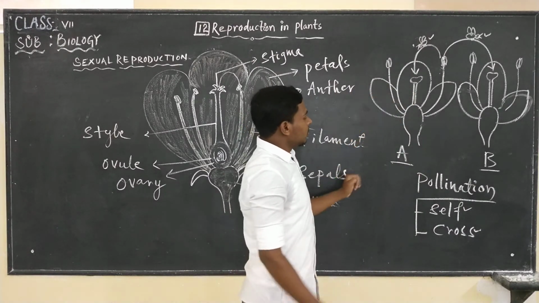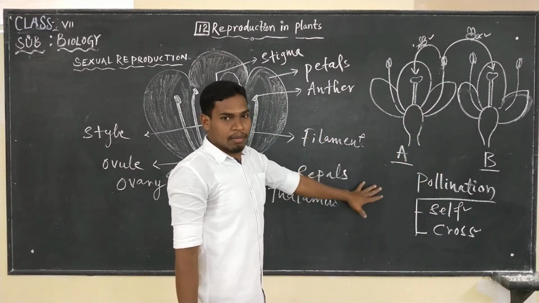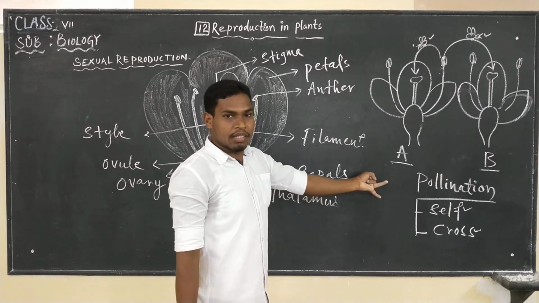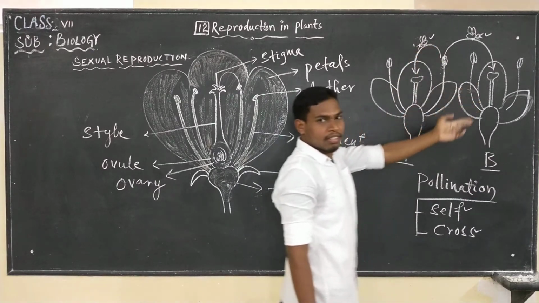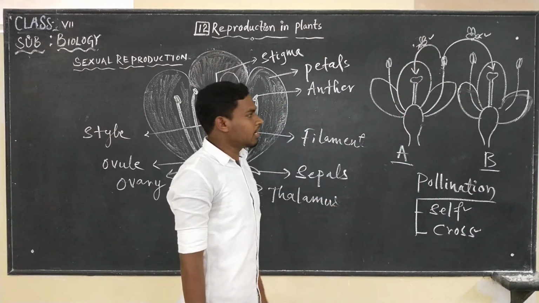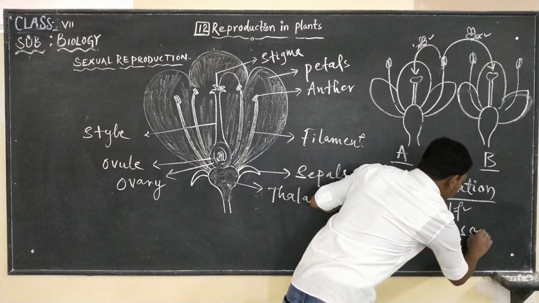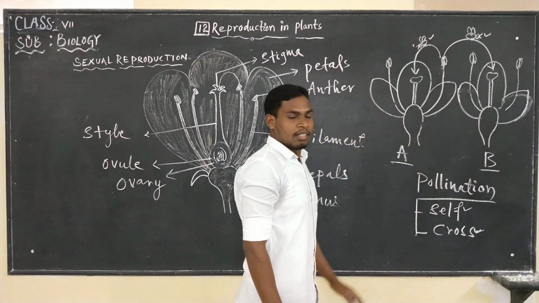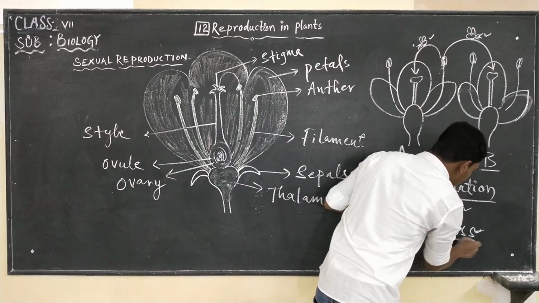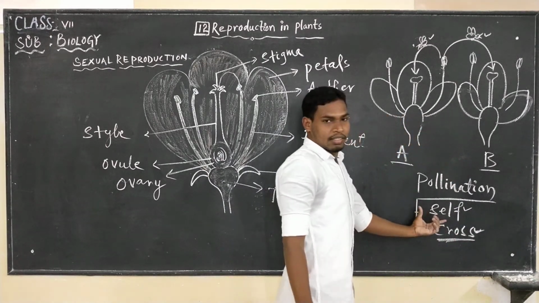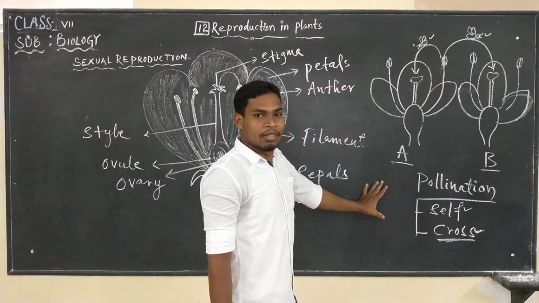Pollination can be done by biotic as well as abiotic factors. Abiotic factors are air, wind, water, and biotic factors are insects, butterflies and honeybees. Mostly flowers undergo cross-pollination; self-pollination is rare.